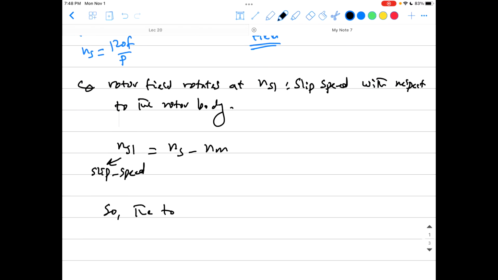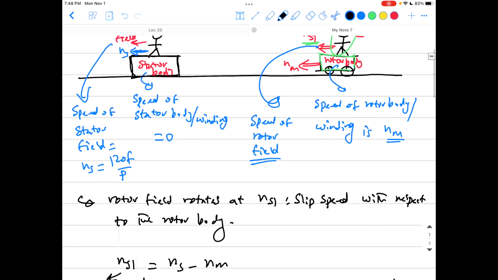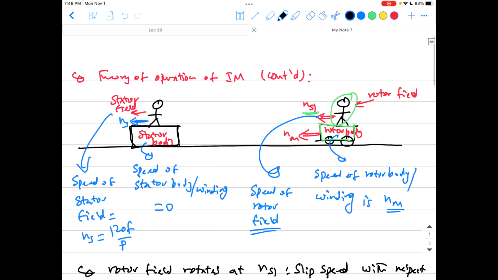The total speed of the rotor field equals this slip speed plus Nm. Why? Because Nm is the speed of the rotor body. That's why I draw it like that: this guy is running on top of this cart, which is the rotor body, but the cart itself is also running.